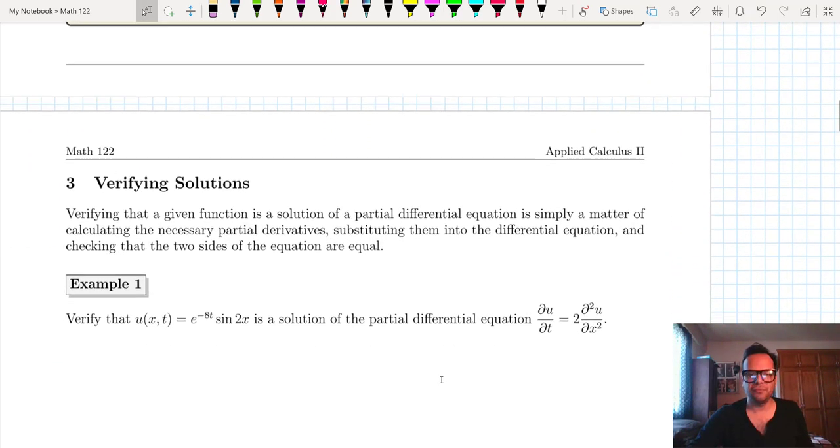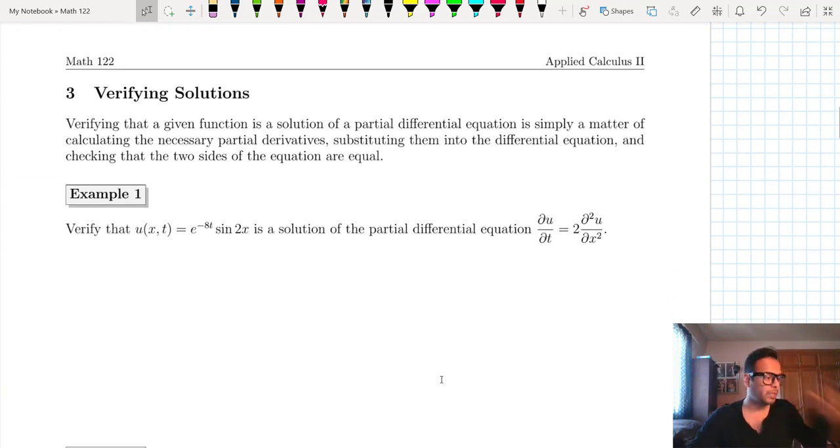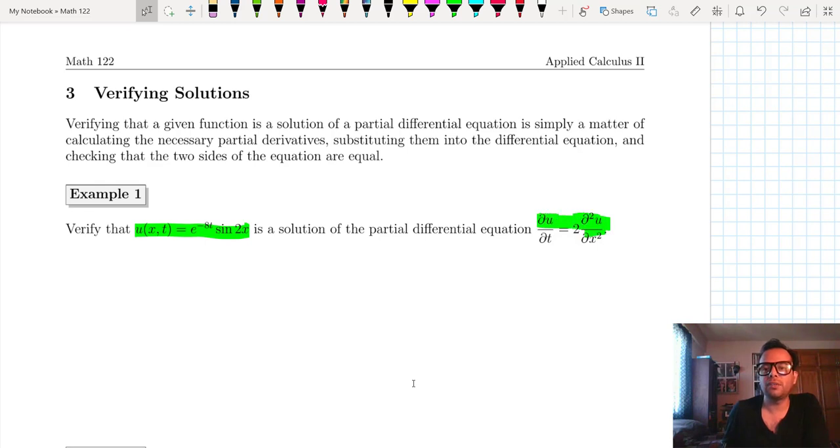Okay, so just the same way we did with ordinary differential equations, let's verify whether a given function is a solution to a given differential equation. What do we do? Well, exactly the same as we have here.